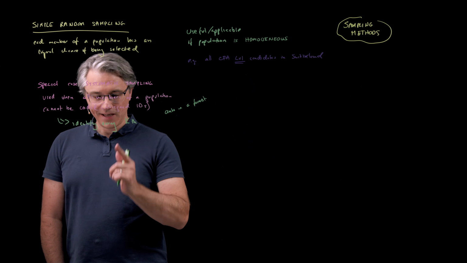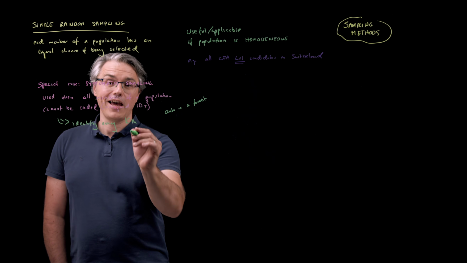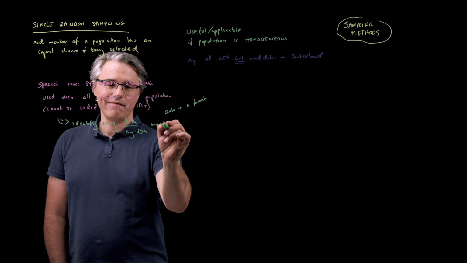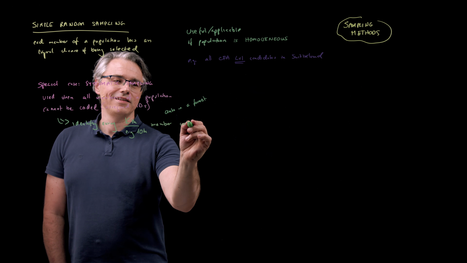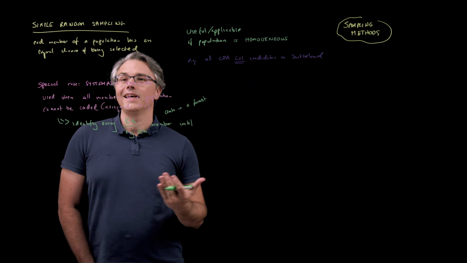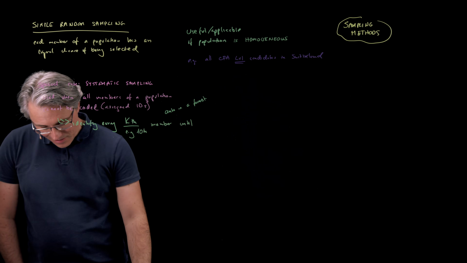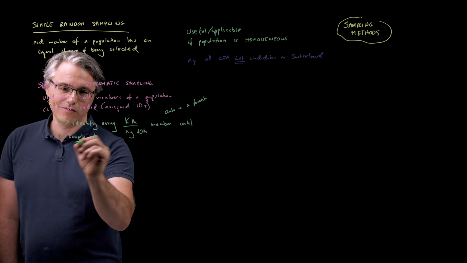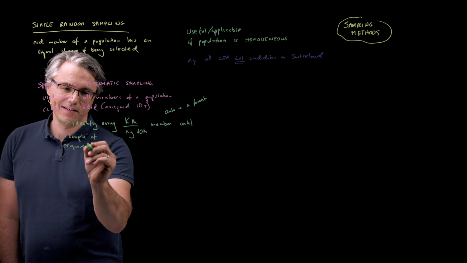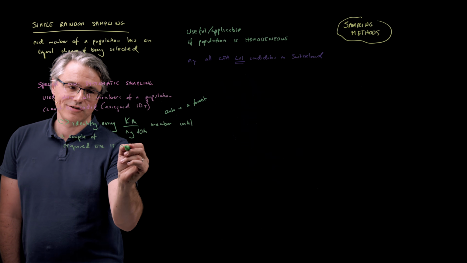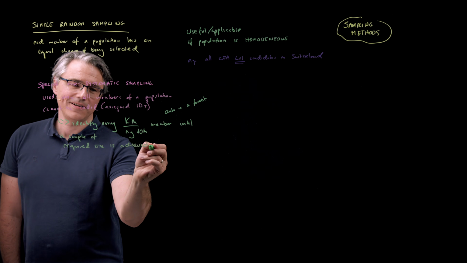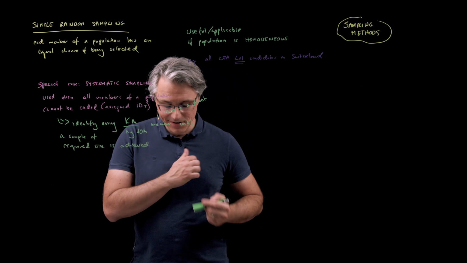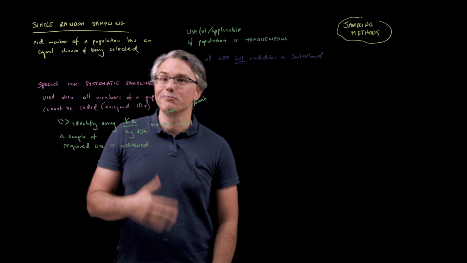You take the 10th one, the 20th one, the 30th one, e.g. every 10th member, until a sample of the required size is achieved. And later on, when we talk about the central limit theorem in the next video, you'll see what the relevant size may be.